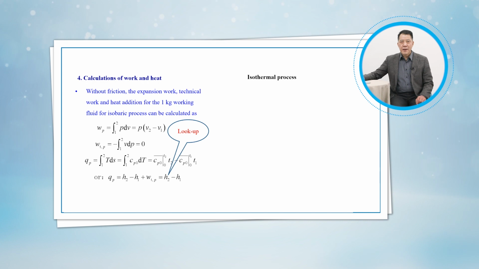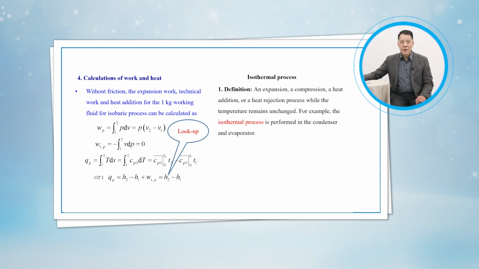Now, let's talk about the isothermal process. Firstly, the definition of the isothermal process. An isothermal process is a process during which the temperature T remains constant.